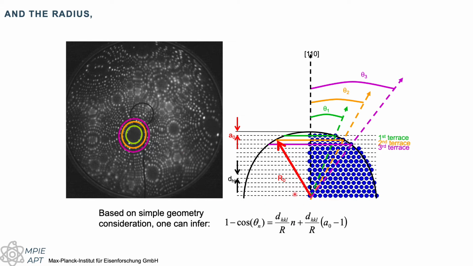So this is a well-known formula that was first used in the 1950s by Drechsler and Wolf, and can be used fairly easily when you start dealing with field ion microscopy images.